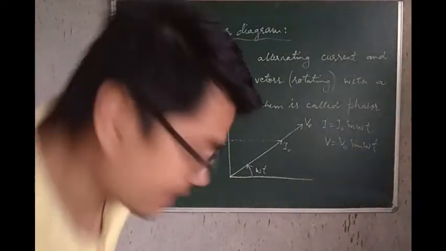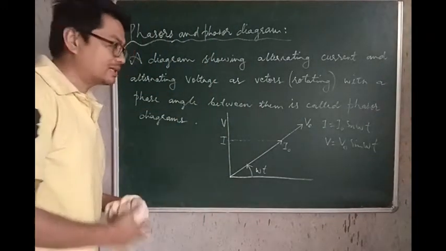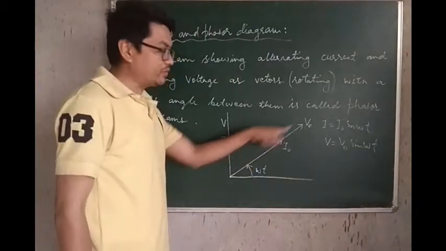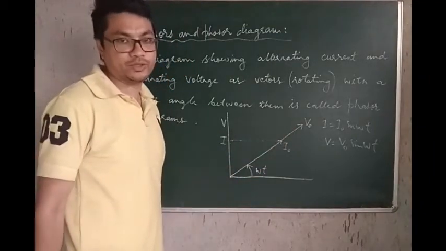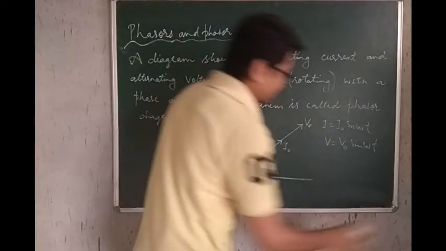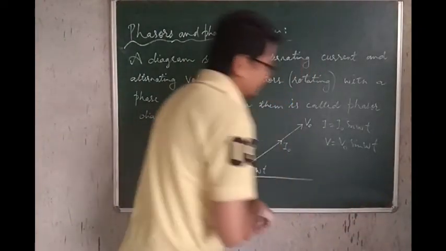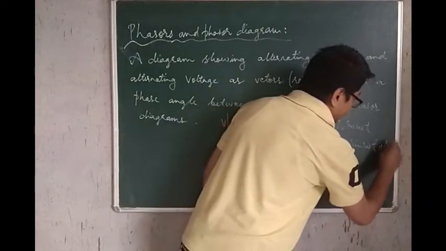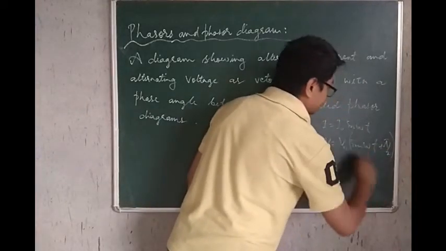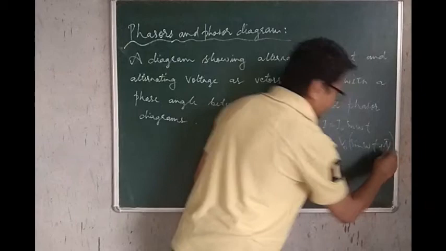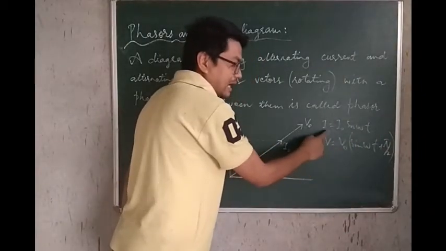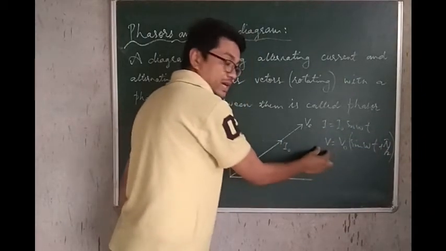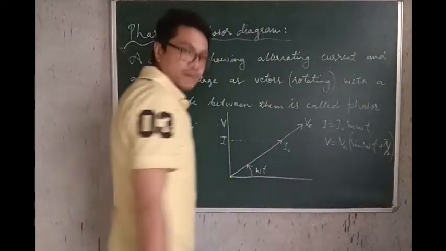You can also have different cases, like the phase angle between the current and the voltage could be different. It could be like the voltage is leading the current by pi by 2. Say for example, this is pi divided by 2. So here they have different phase. I has phase omega t, whereas V has phase omega t plus pi by 2.